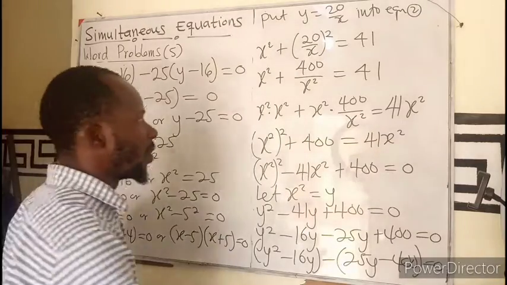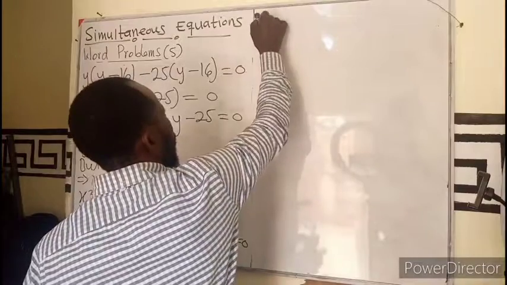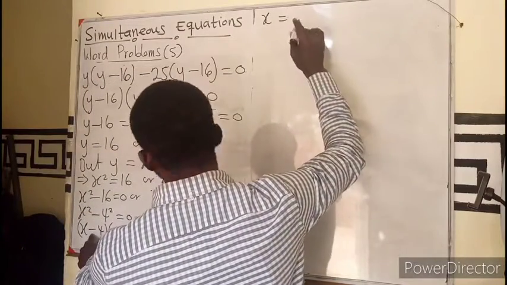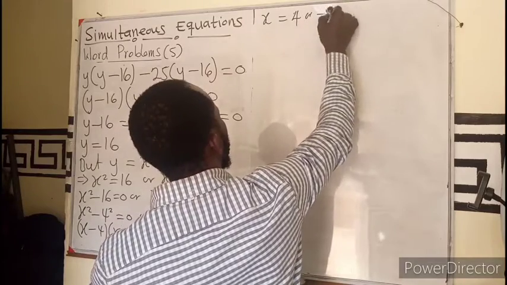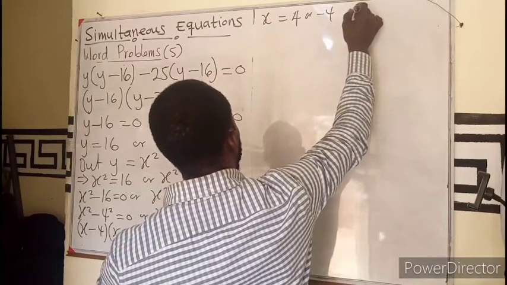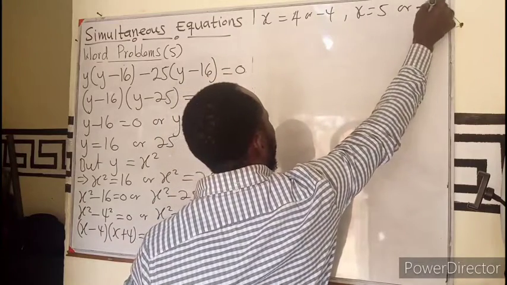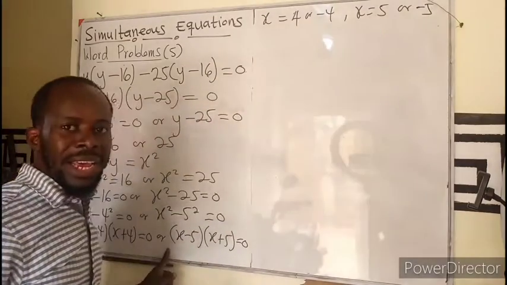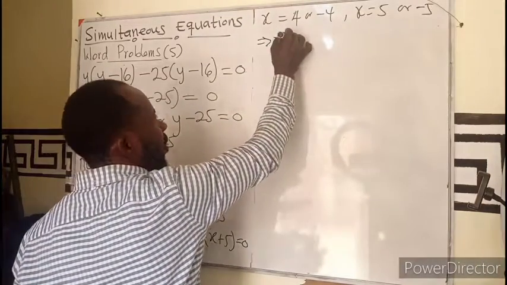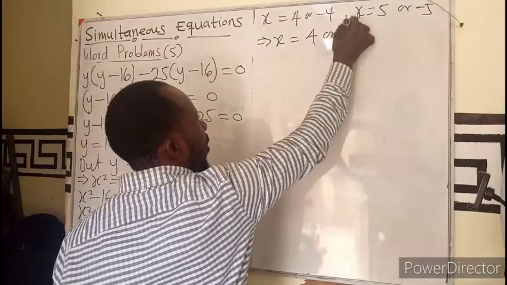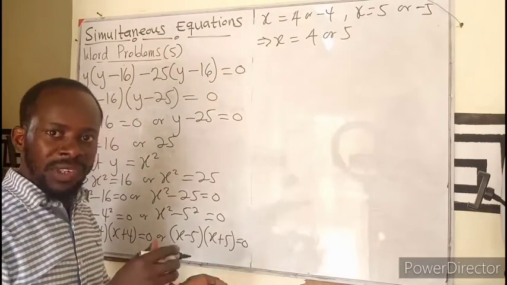I'll ignore the negative. X is going to be 4 or negative 4. Another x is going to be 5 or negative 5. But we can't take the negative, so we take only the positive. So that implies that x equals 4 or 5. We are leaving the negative aspect, taking only the positive.